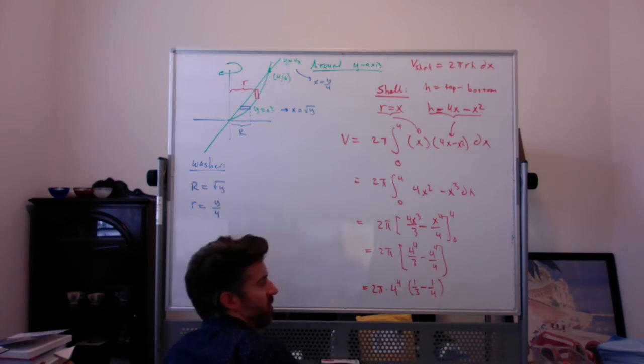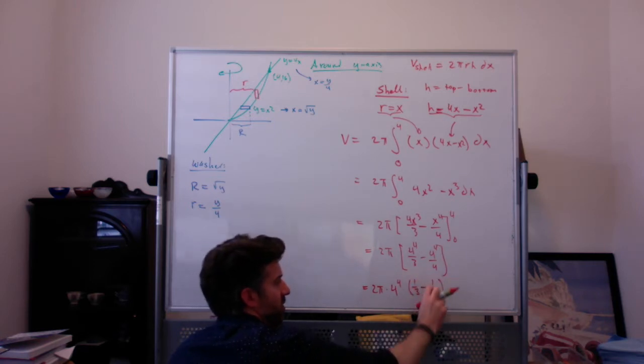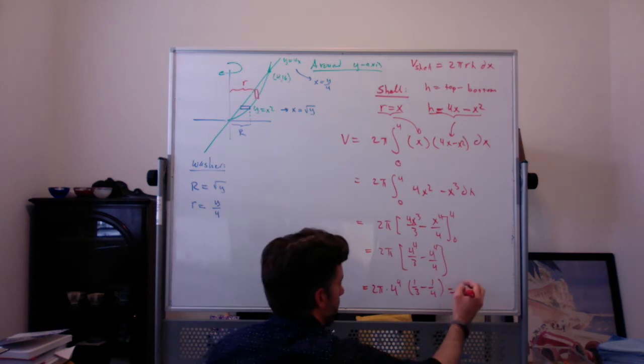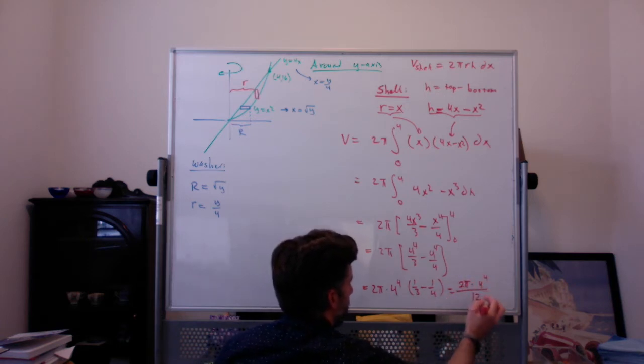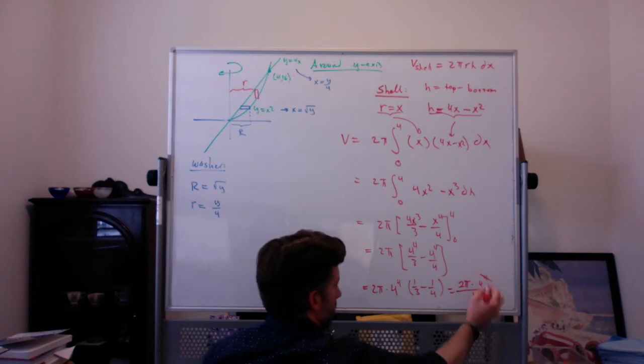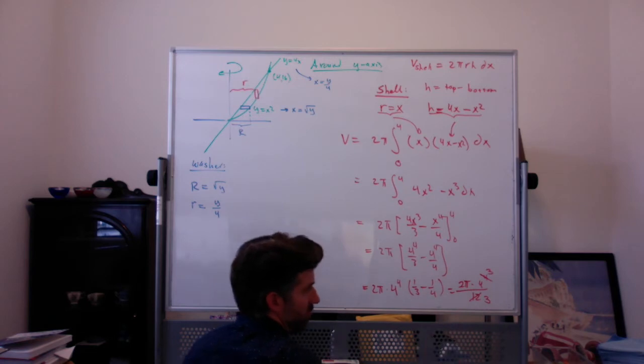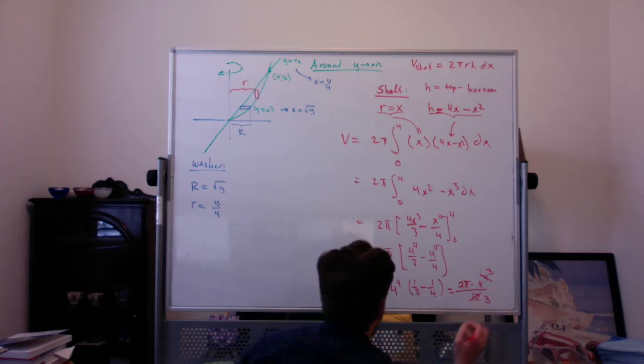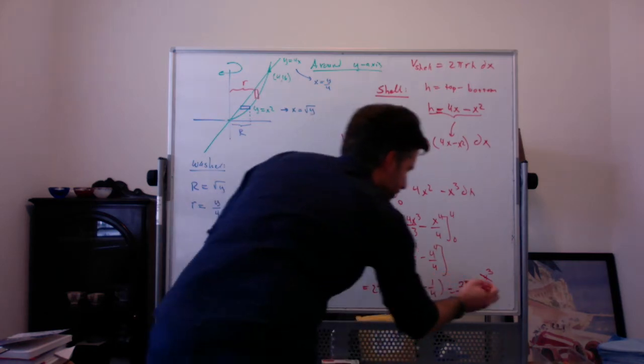A third minus a fourth is 4/12 minus 3/12, which is 1/12. So I've got 2 pi times 4 to the 4th over 12. I can cancel one of those 4's, so I have 2 times 4 cubed. 4 cubed is 64. 2 times 64 is 128. So I end up with 128 pi over 3.